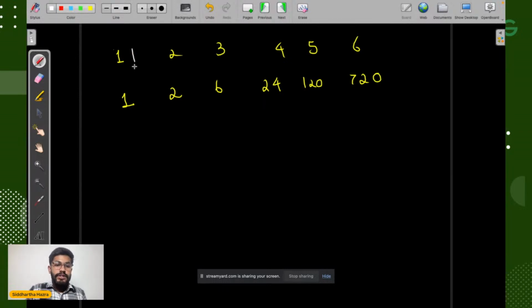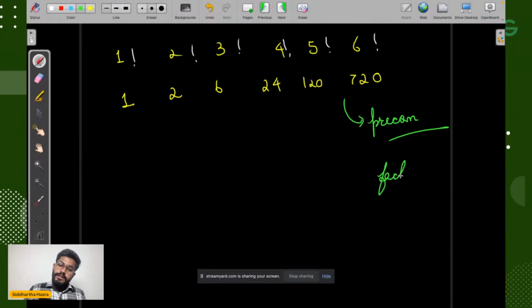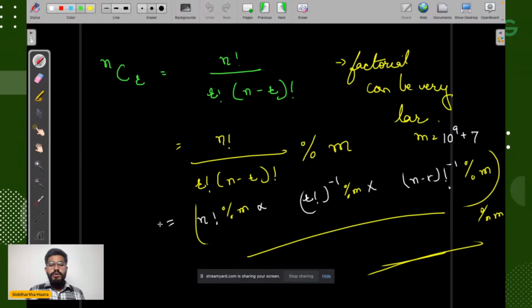These are the values of 1 factorial, 2 factorial, 3 factorial, 4 factorial, 5 factorial, 6 factorial. This is how you can pre-process the factorials. So the problem of factorial is now gone. We can find out factorial.